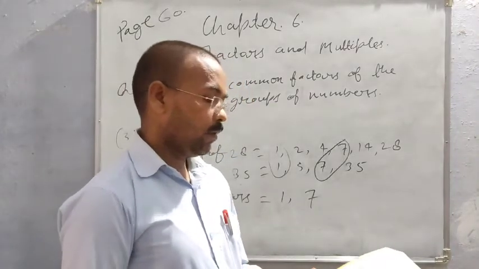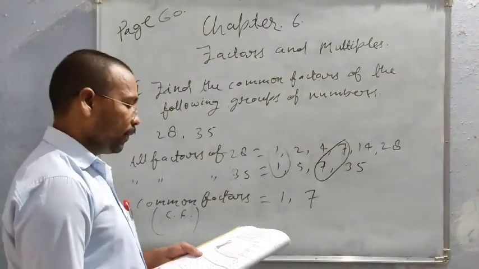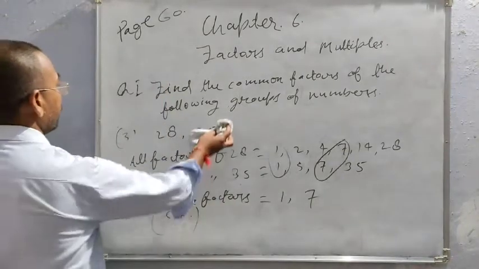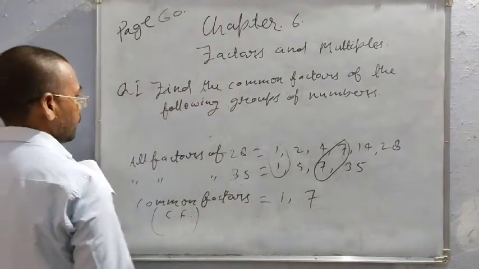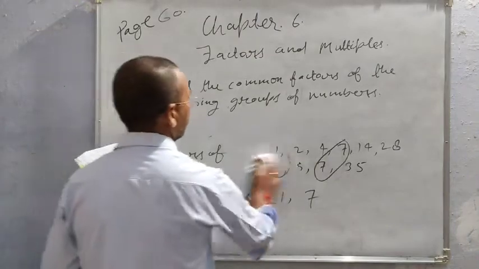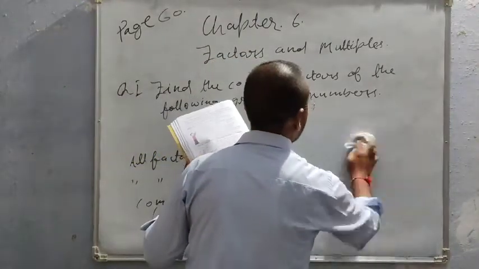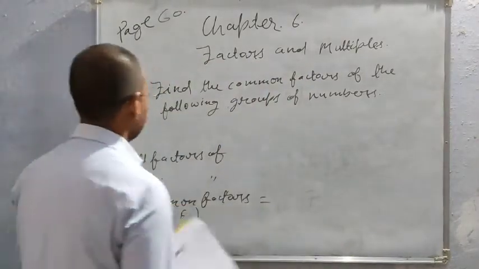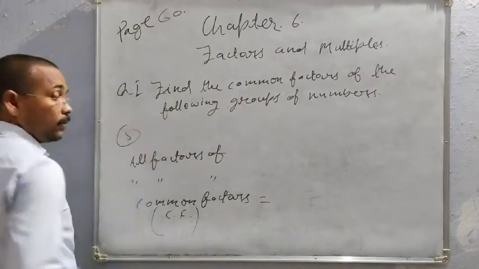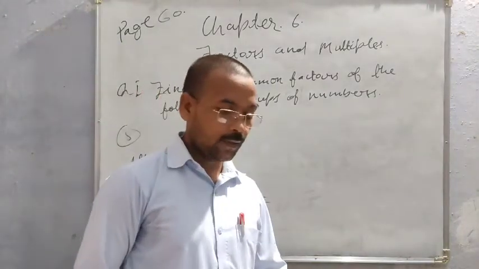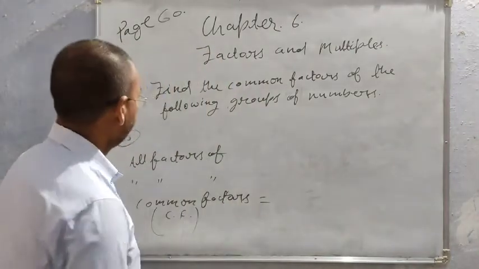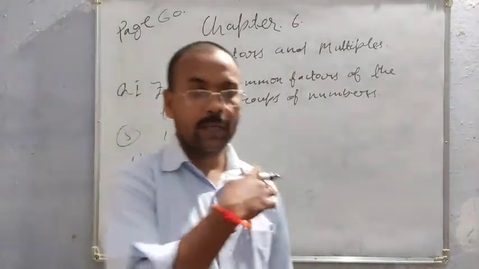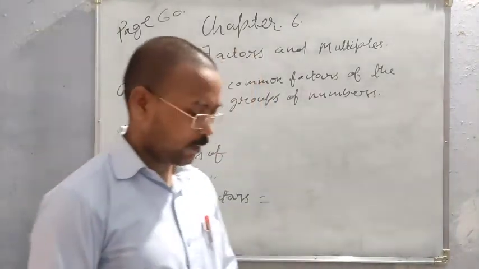The fourth you will do yourself. Now the fifth one is simple, like the first one: 15 and 21. It's written in the fifth one, given 15 and 21. You have already learned the factors of 15 and 21.